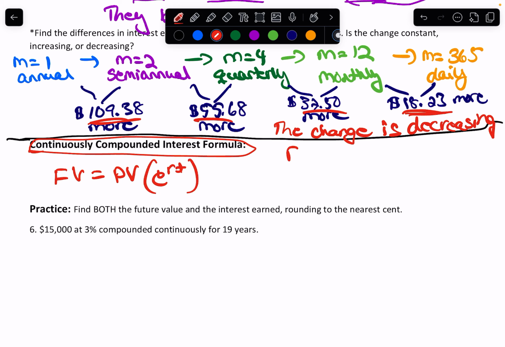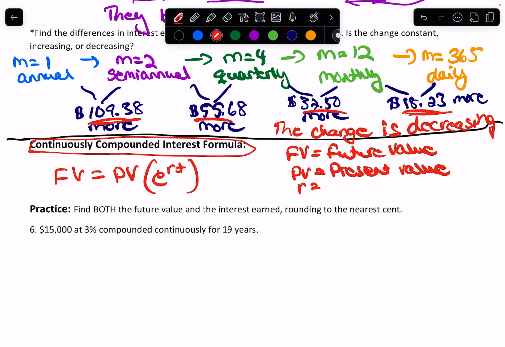So if v is our future value, pv is our present value or principal, just like it's been all along. R is the rate in decimals. T is time in years. And then we have our E, which is the natural base.